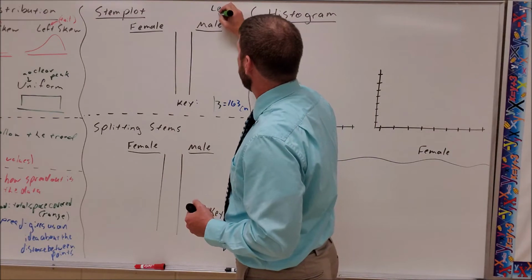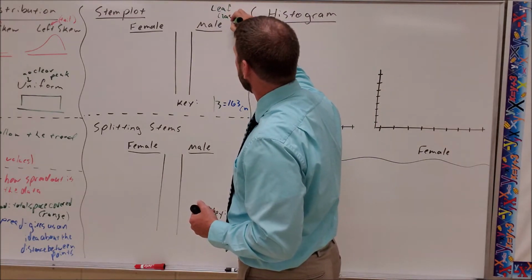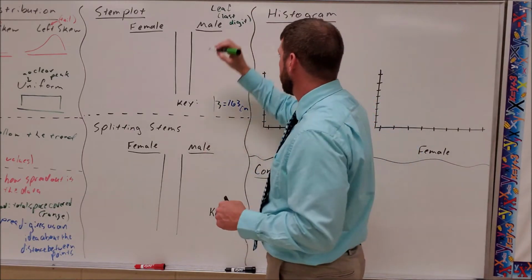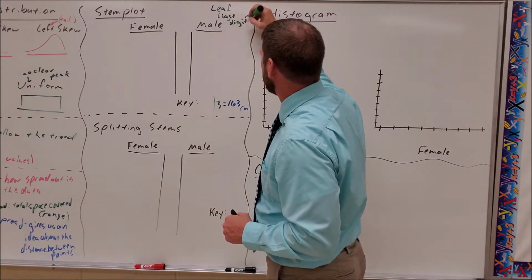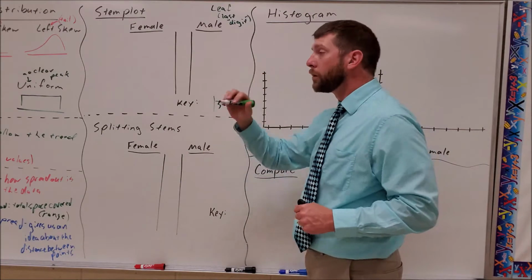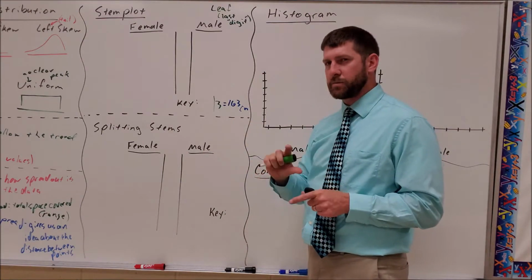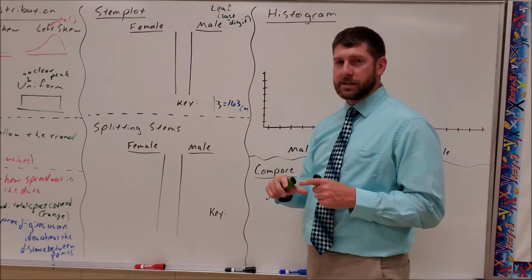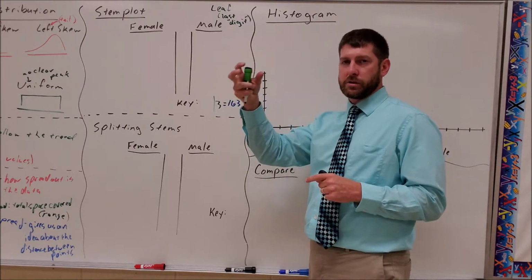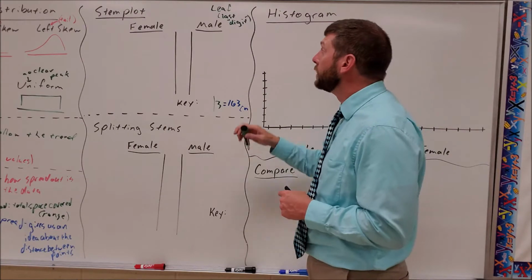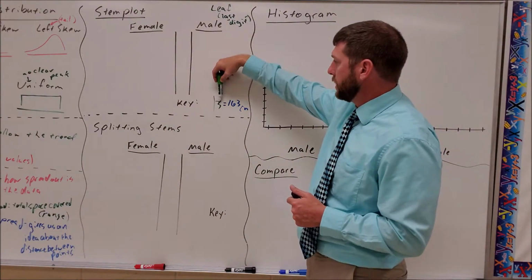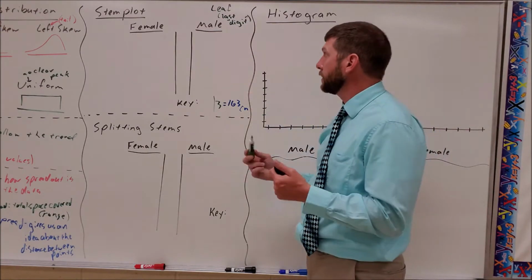So the leaf is the last digit, roughly. We'll look at some examples in class where we manipulate the data, or maybe round the data to certain things, to get a bunch of ugly numbers into a digit that we can actually stop at. But we're using 163 right now. So 3 is the last digit, so it would be the leaf.